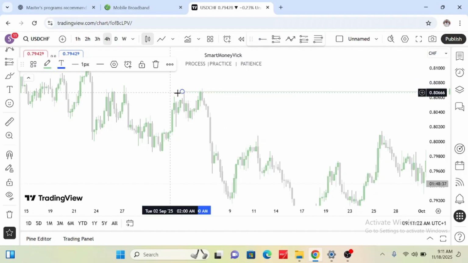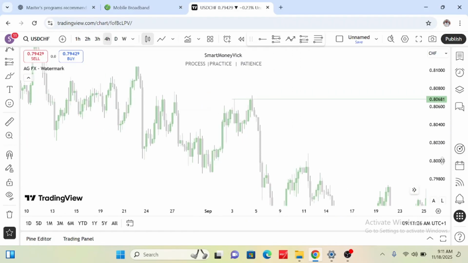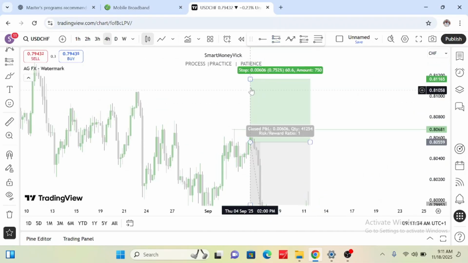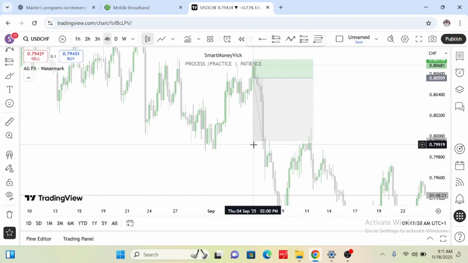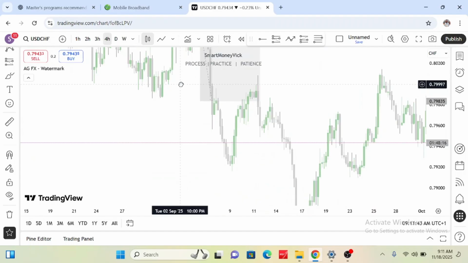Price took out that high, closed below instantly. As a matter of fact, this is a double confirmation, because we had a sweep, a rejection, and of course an engulfing. Therefore, our entry will be here, stop loss right above the high, and then we target this swing low. That's a 4-hour trade.